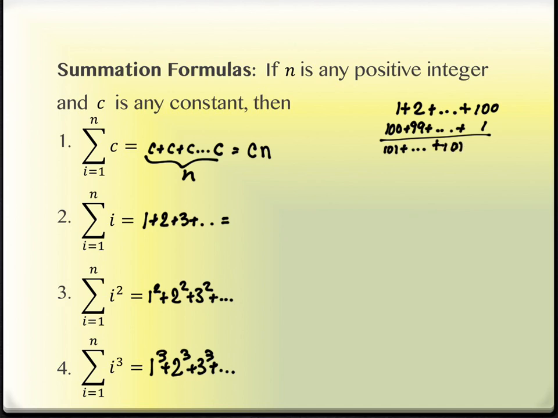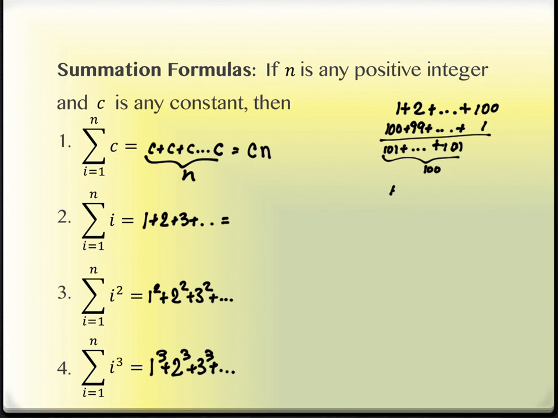Now, why would I like to do that? Because I know how to add something together, 101 plus 101 plus 101, because they'll match. We just talked about how to do that on the first one. So right here, there's 100 of these. We could have done n of these if we'd wanted, but we're going to keep the number 100 since I've started it.